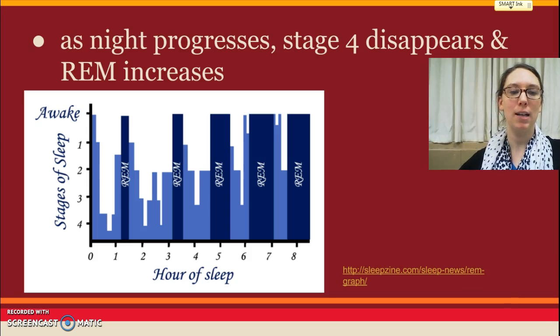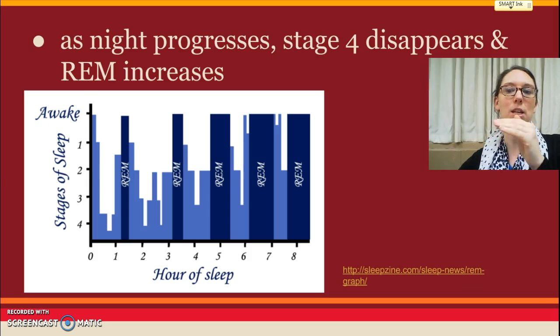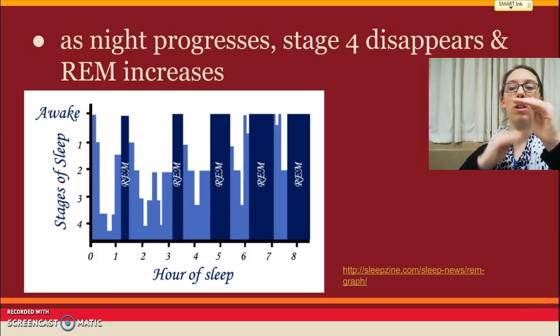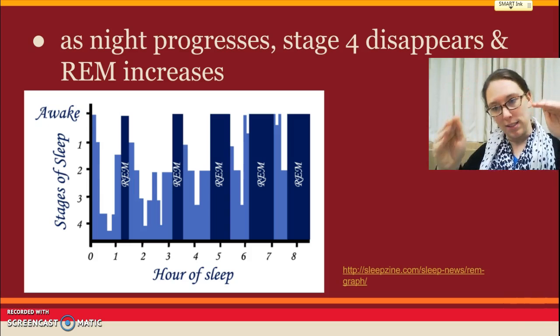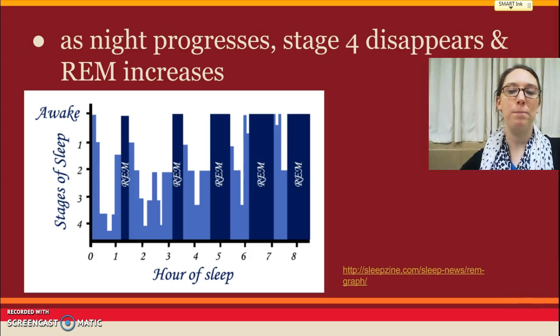What happens as the cycles progress is you descend into the cycles, and you hit stage 4, and then you transition to the 5th stage, which is actually REM stage, which is sort of a step back up, and you climb your way back out of the sleep stage to start the whole process again. And so one of the trends that we notice as the night progresses is you spend less and less time in that really deep sleep of stage 4, but more time in the REM stage.